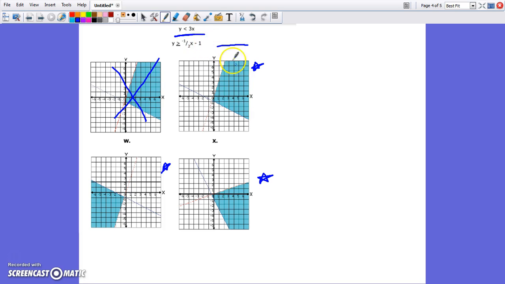We can say that our equation with the negative slope has a y-intercept of negative 1.